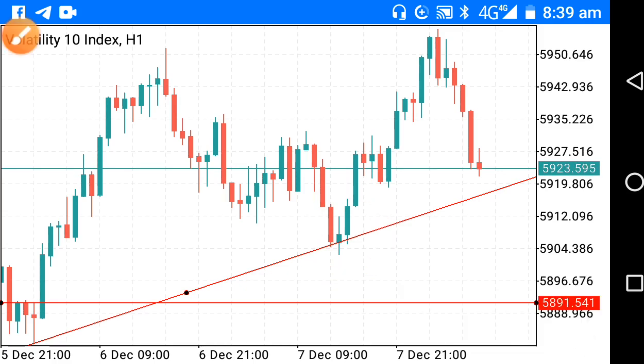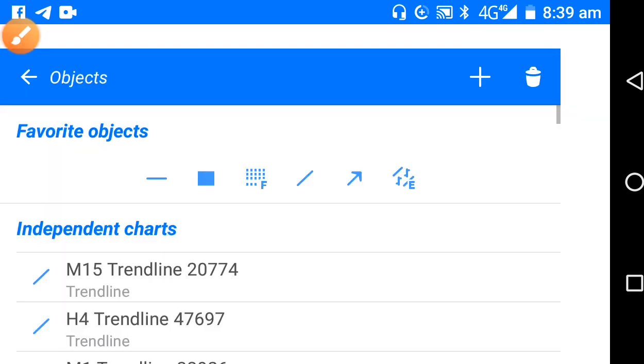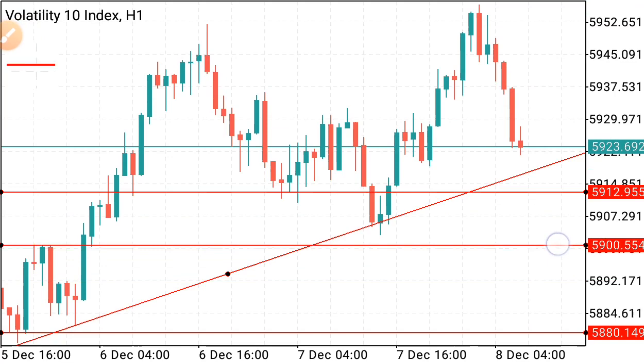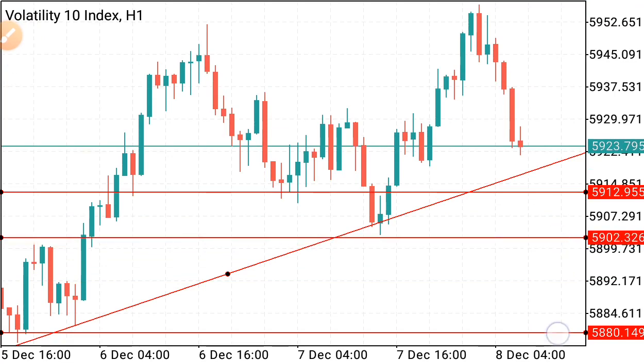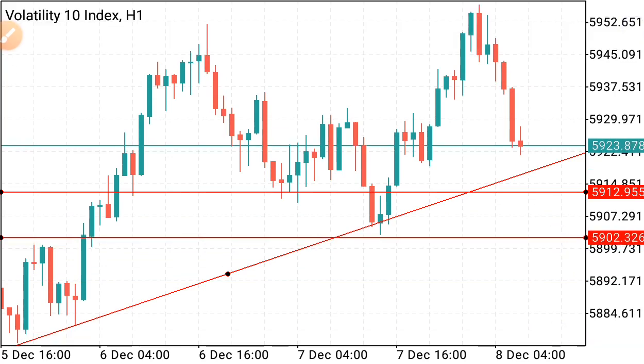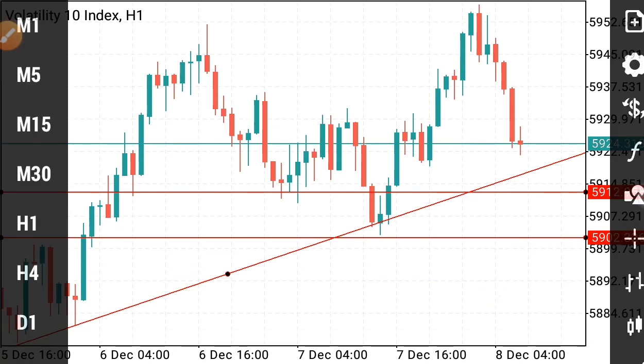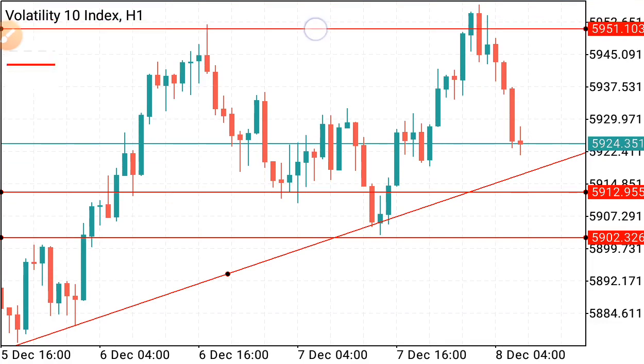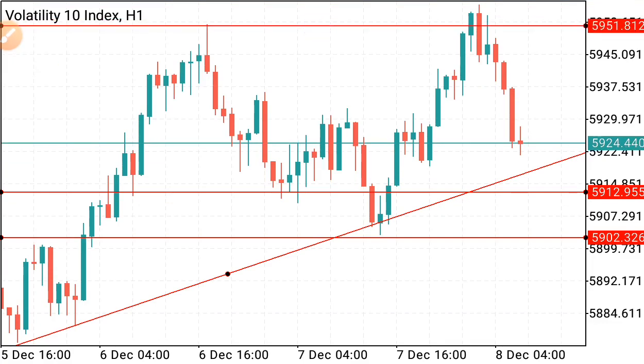So that's going to be our entry. And the stop loss below. And our take profit, I will target the previous high, which is this. And price hits the previous high before retracing.